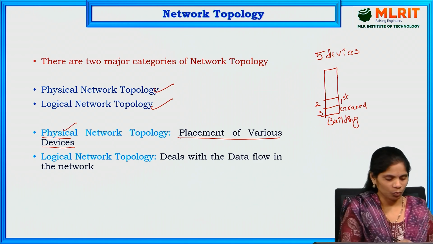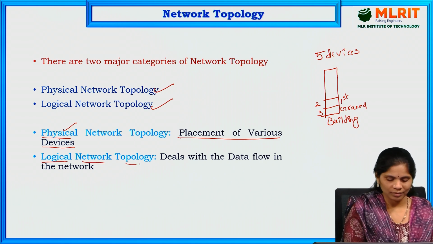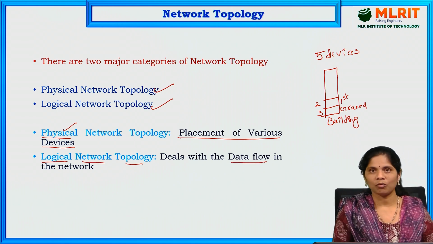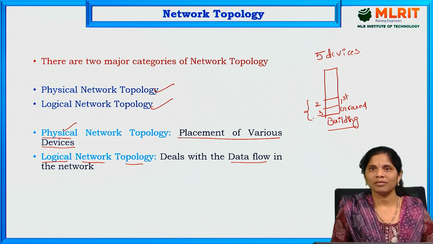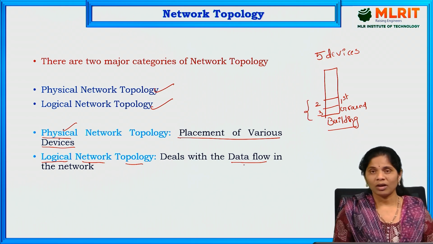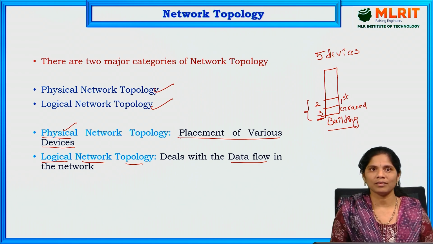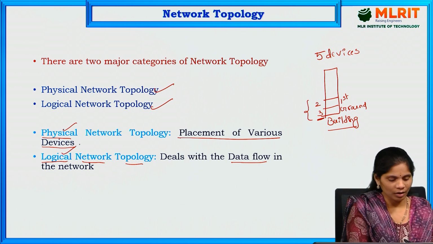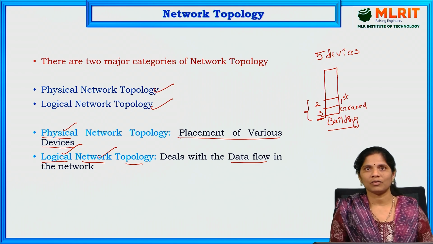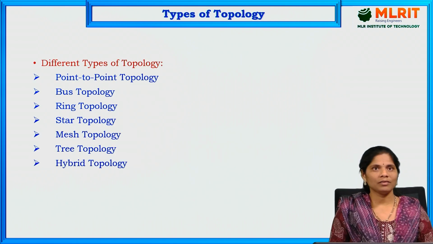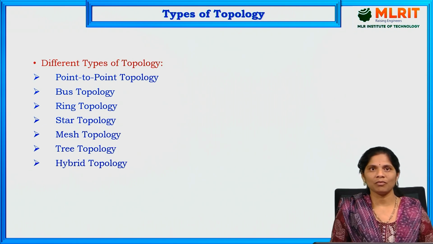And logical network topology deals with data flow, meaning in this building, among these 5 devices, how you are going to transfer the data, how the data flow is between these 5 devices, is called logical network topology. So these are the 2 categories of network topology. And next we will see the different types of topologies.